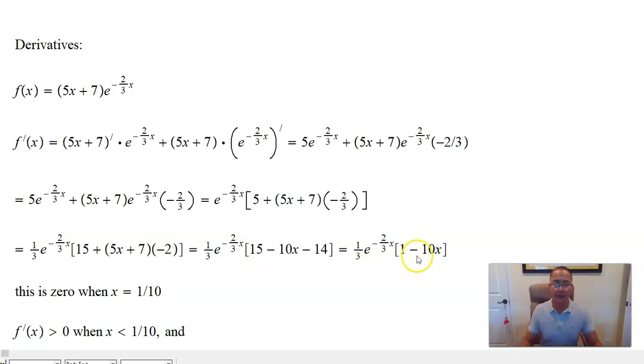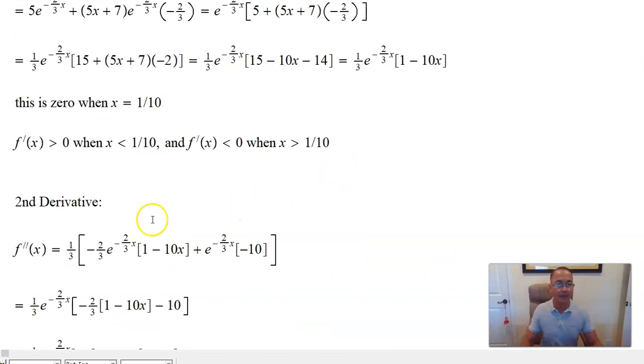Let's make sure. If we plug in 1 instead, which is to the right of 1/10, you will get 1 minus 10, negative 9 times 1/3, negative 3 times something positive, still negative. So therefore, our derivative is negative when x is bigger than 1/10. All right.